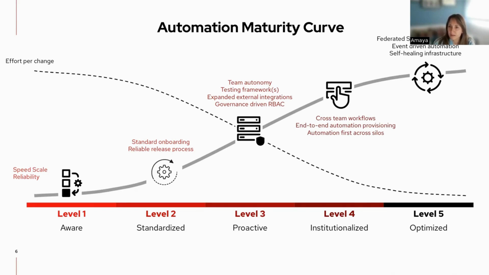And finally, you go into event-driven automation to perform tasks such as automated self-healing infrastructure. On the other side of the graphic, you can see how the effort for you and your team to adapt and mature automation decreases over time. So the deeper you go into automation, the less effort it requires from you.